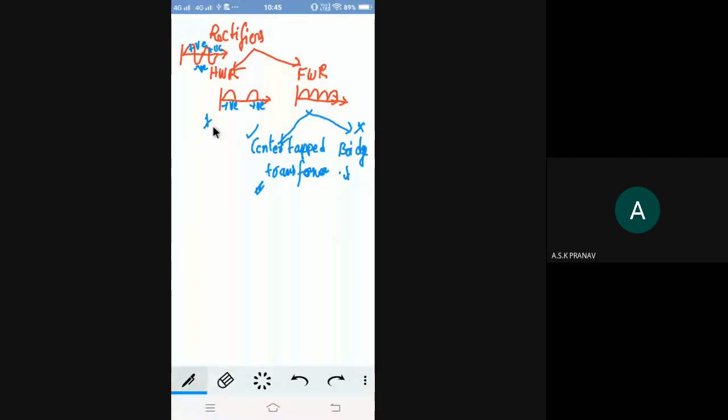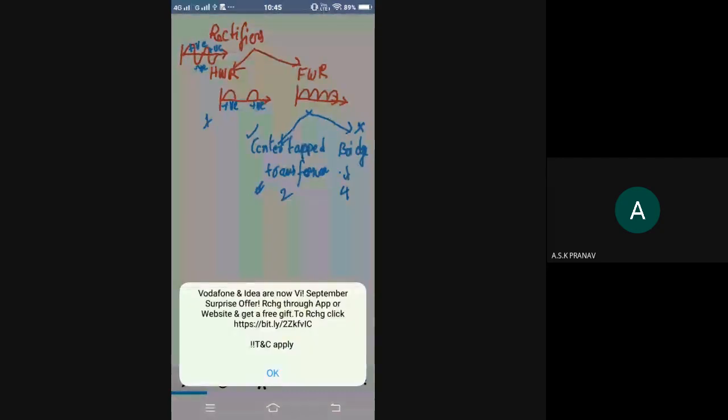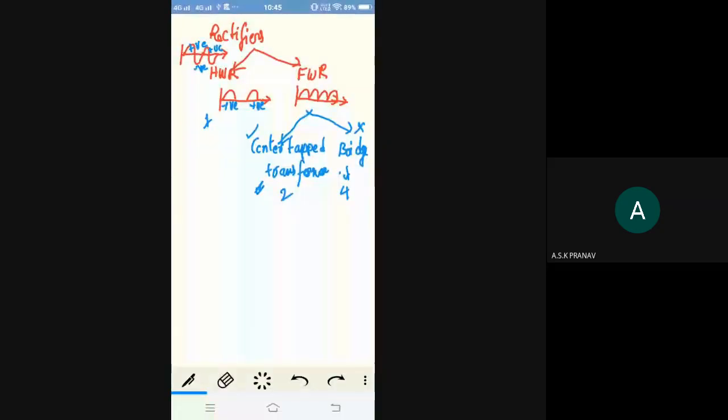Whereas in the center tapped transformer full wave rectifier, we use two diodes, and in the bridge full wave rectifier, we use four diodes. The only difference between them is that the center tapped transformer full wave rectifier uses a center tapped transformer, whereas the bridge full wave rectifier does not.